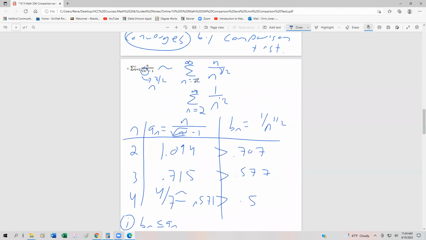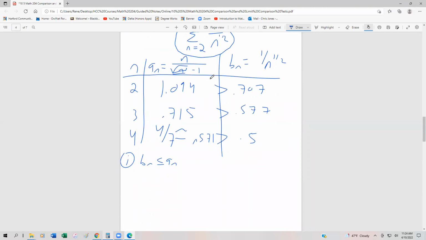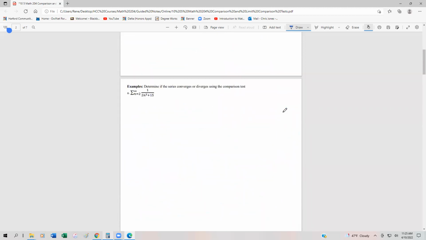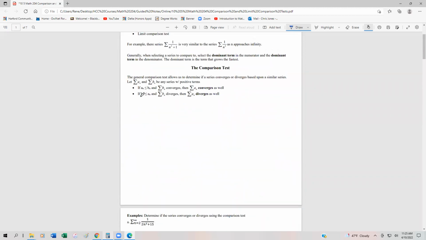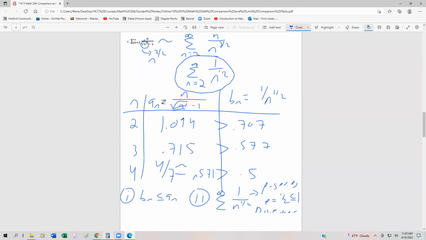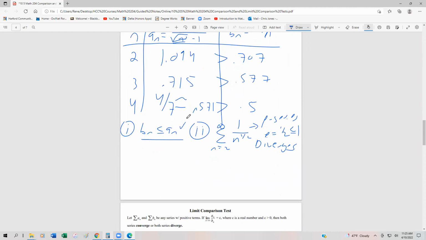Now we look at the behavior of this series. We can say that the series n equals 2 to infinity of 1 over n to the 1/2 is a p series where p is equal to 1/2, and clearly 1/2 is less than or equal to 1. So this series diverges. If we go all the way back up to the beginning, just to make sure, remember, if b sub n is less than a sub n, which we just showed, check.